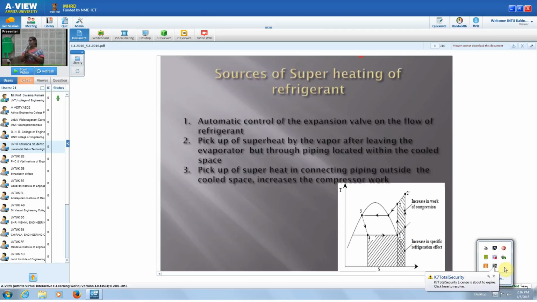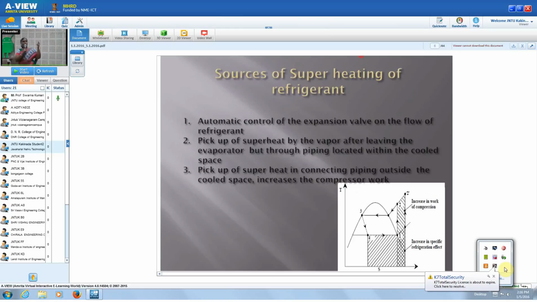So here superheating is also possible. So whenever some heat is taken in by the piping at the suction of the compressor, and also pickup of superheat in the connecting piping, it increases the compressor work. So superheating always increases the compressor work.